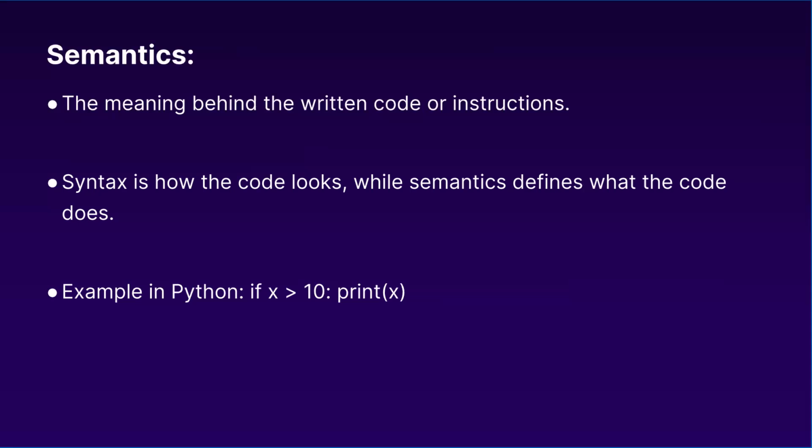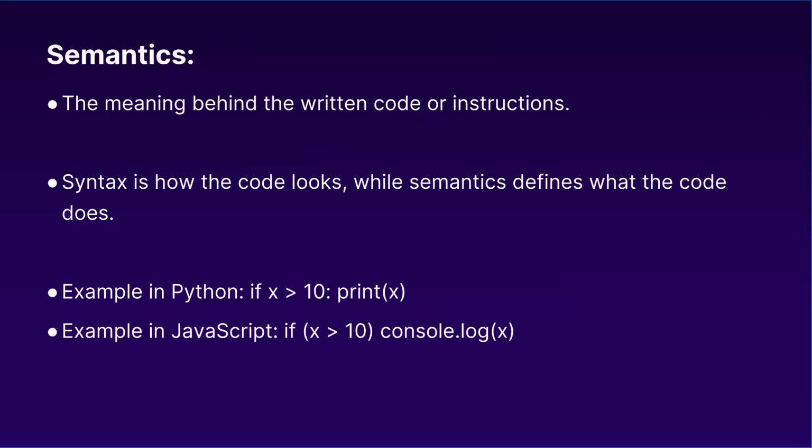If it is not greater than 10, don't print it. That is the meaning. If you understand the meaning, you will get the expected result. The same thing with JavaScript. This is the syntax, but the meaning here is that we are checking the value of x. If it is greater than 10, we do something.